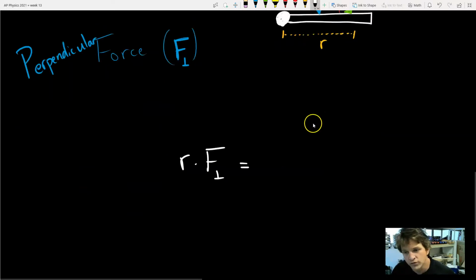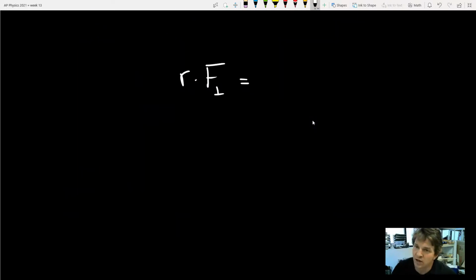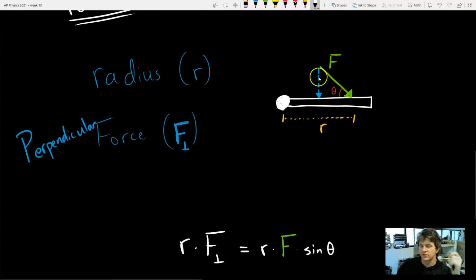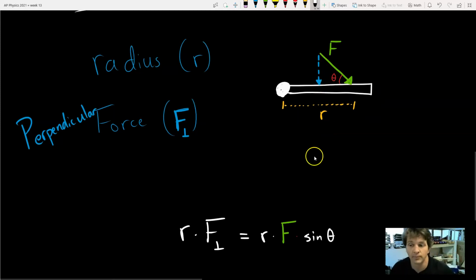So using a little trig, we could break this down even further into R times F, the hypotenuse, that's the green, and then the sine of theta. What that does is it takes this angle and this overall force, and finds how much of that overall force is the perpendicular part that's pushing down into our lever arm.